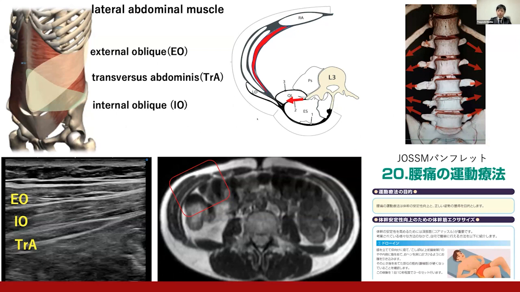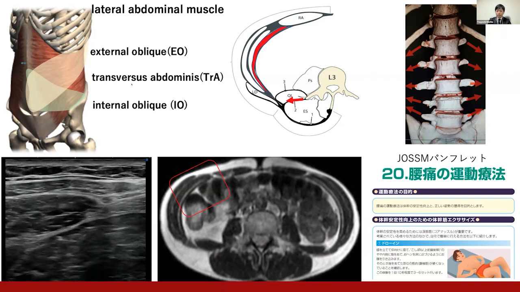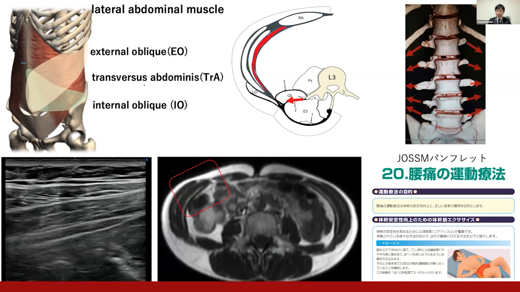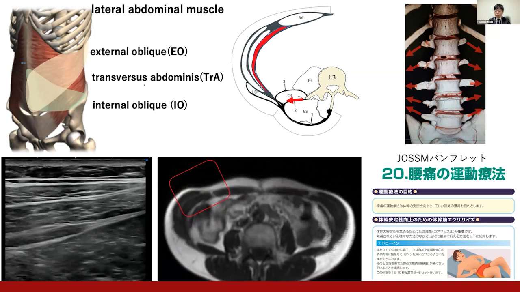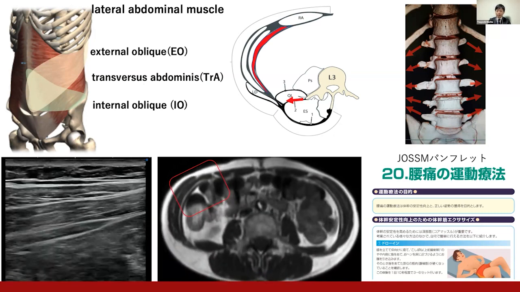The TRA attaches to the transverse process of the lumbar spine via fascia, and its contraction provides functional stability of the lumbar spine. The left image is an echo image, and the right is a kinematic MRI image. Contraction of the TRA is thought to be effective in preventing low back pain.